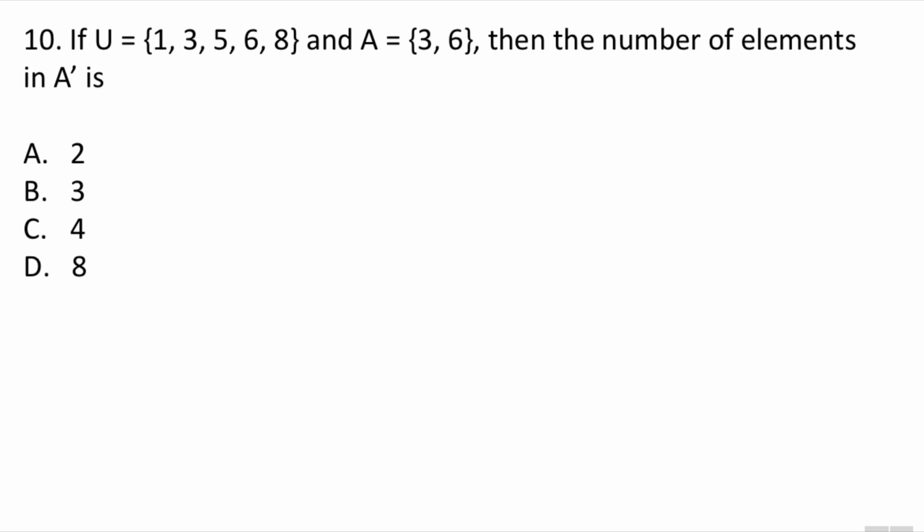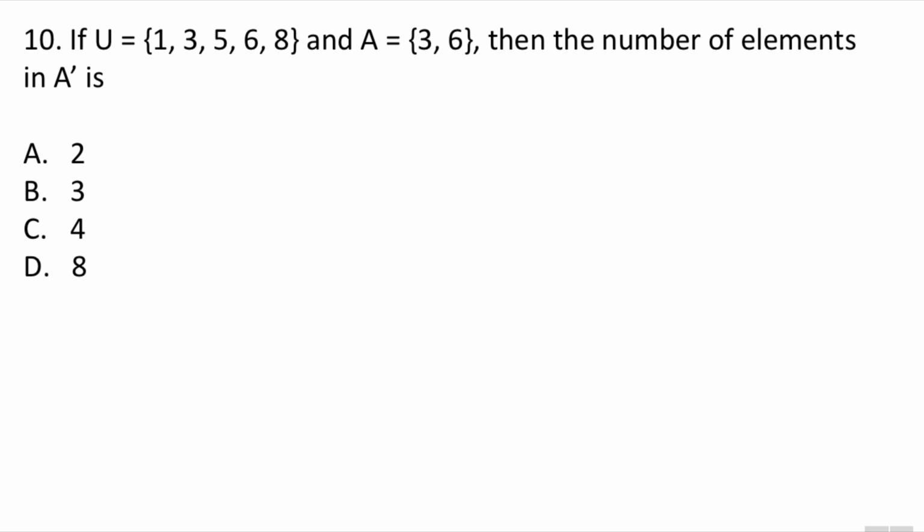So if U is equal to 1, 3, 5, 6, and 8, and A is equal to 3 and 6, then the number of elements in A complement is... again, remember A complement, guys, represents everything that's not a part of A but is a part of our universal set.